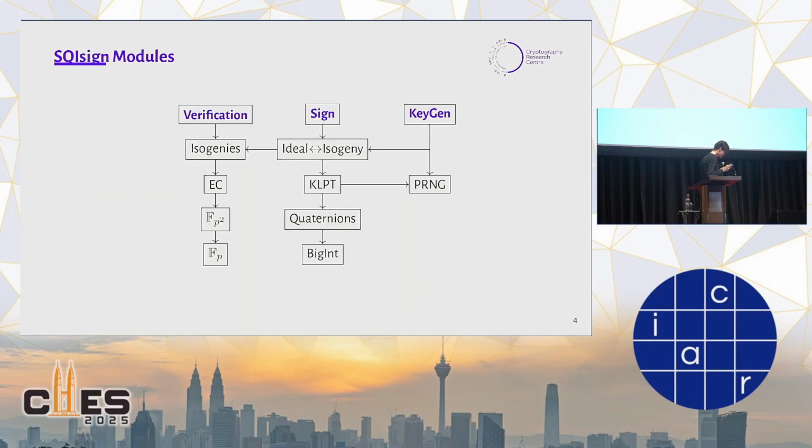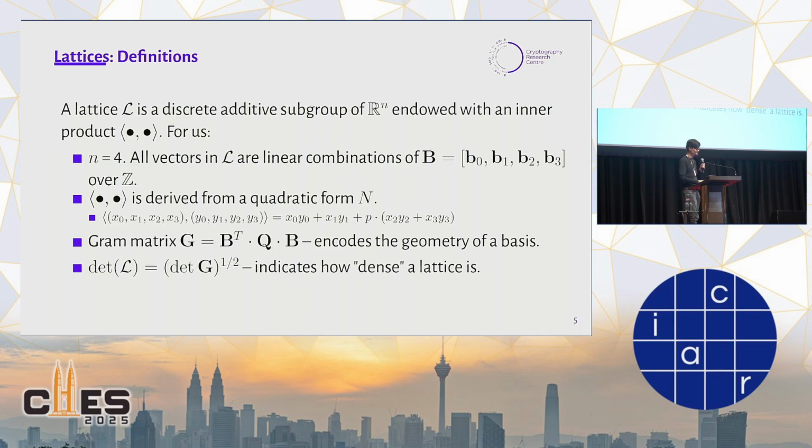In terms of where we position ourselves within the SQIsign scheme, we are basically in the quaternions module of SQIsign and also in the big integer arithmetic, which we would like to make constant time. So, what are lattices? First of all, that's the main object we're dealing with in this particular work.